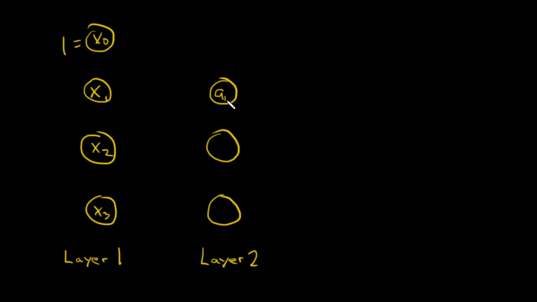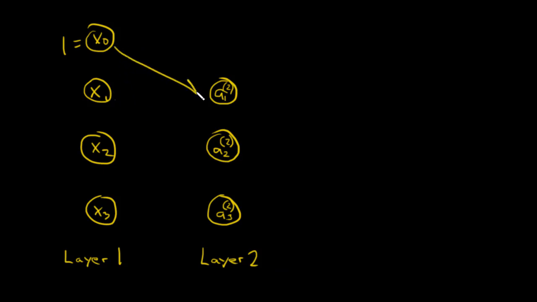So this is the first node labeled A in layer 2, and this is A sub 2, the second node in layer 2, and this is A sub 3 in layer 2. Okay? Now, why am I calling these A's? Well, first off, let me draw all of my connections between these.